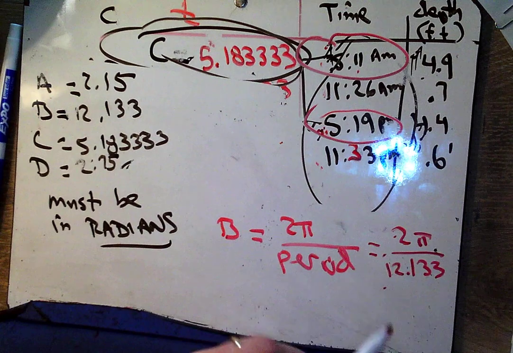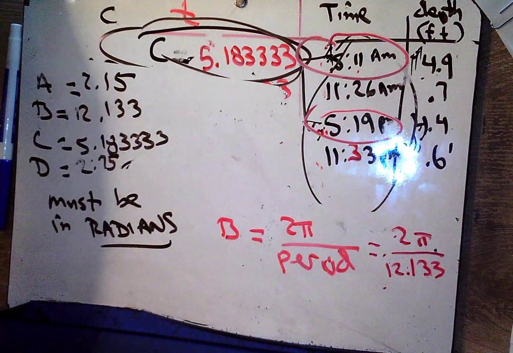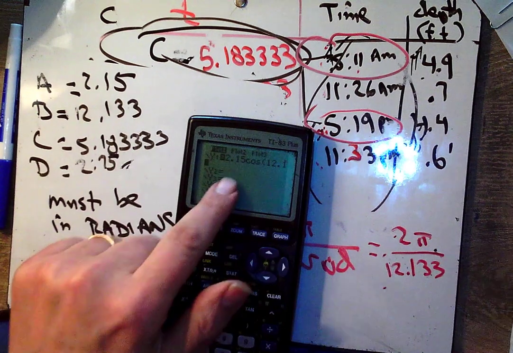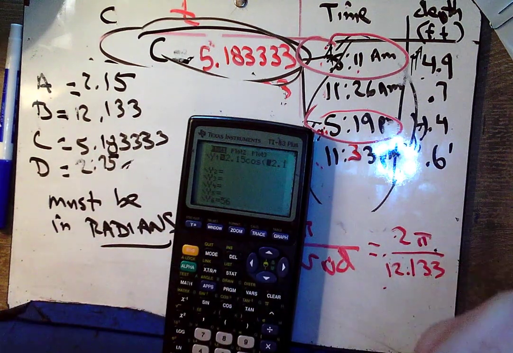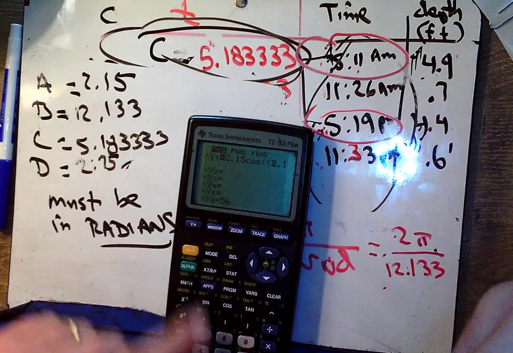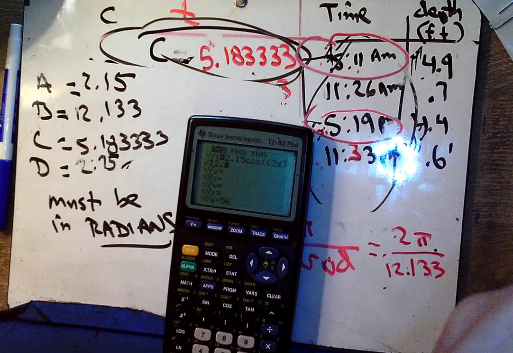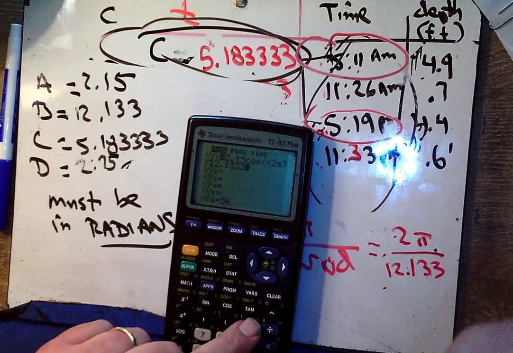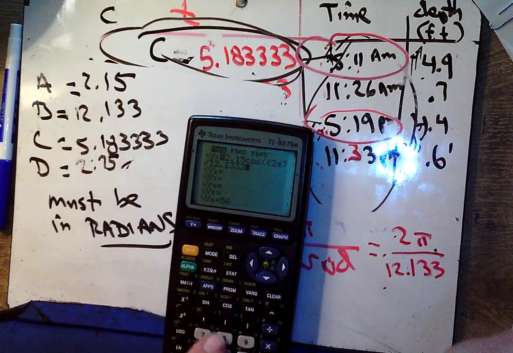I need 2 pi divided by that number. Oops. Okay, so we're typing in this formula, and I need 2 pi divided by 12.133, and that's my b value.